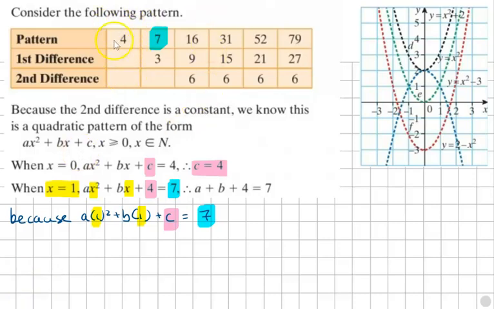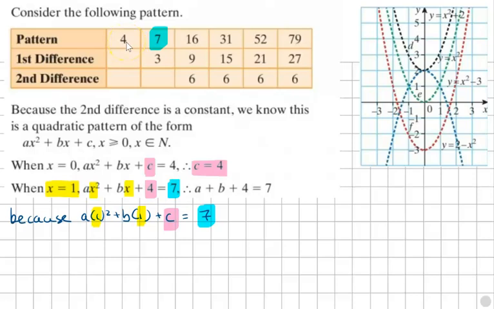So for the first term, always in our pattern, our x value is 0. And don't get confused with the nth term, where t1 is always term 1. So we input 1 for the first term. This is different. This is to do with the equation and the function itself.